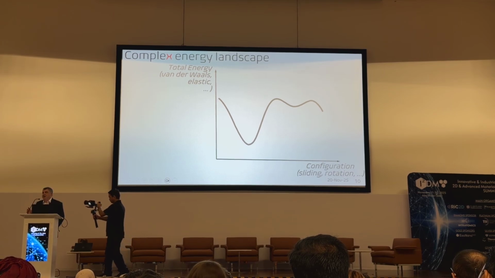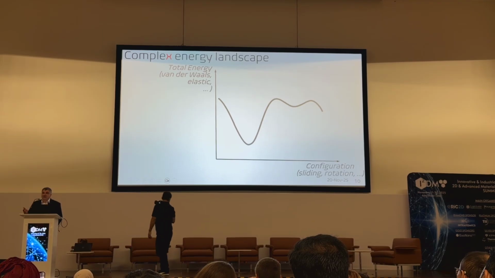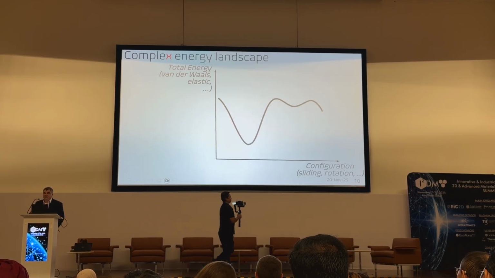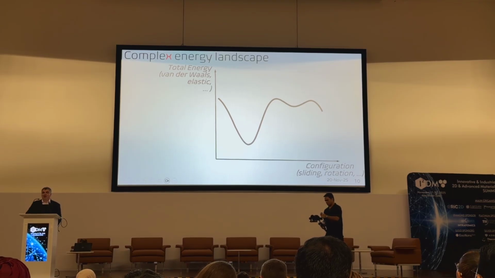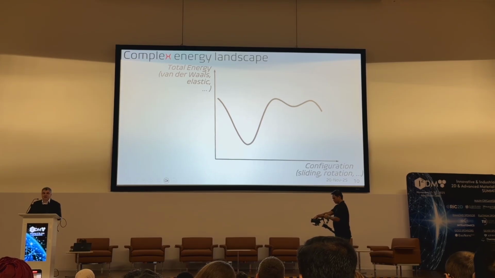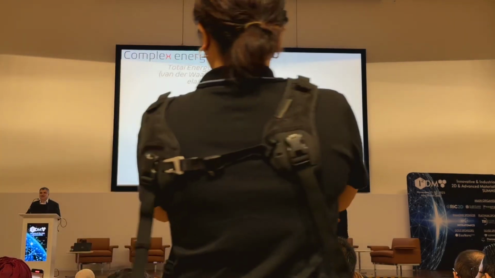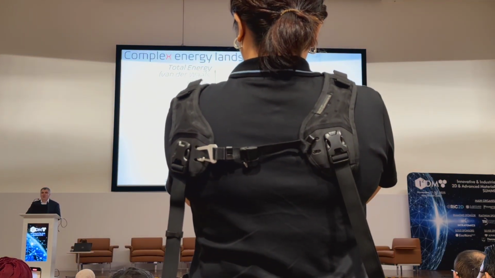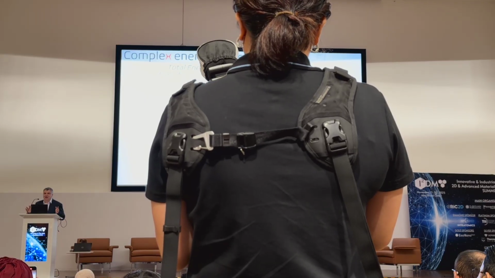The only problem is that ideally you would love to be able to control this phase transition somehow, but if you only have a limited number of parameters, if it's a simple structure, then it's usually van der Waals against elastic, and it has this one global minimum, and once you're stuck in it, you're just stuck in it.